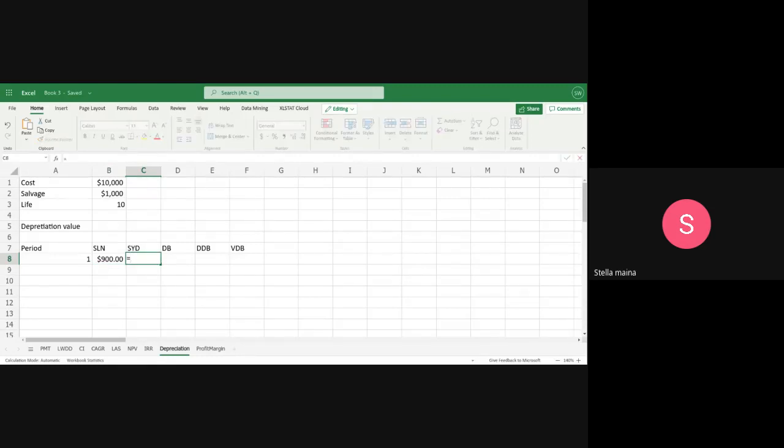So we just come ahead to say SYD, now the cost is going to be B1, comma the salvage, which is B2, comma the life, which is going to be B3, comma now the par.